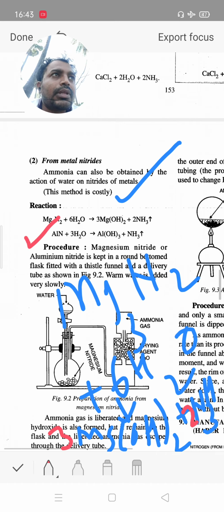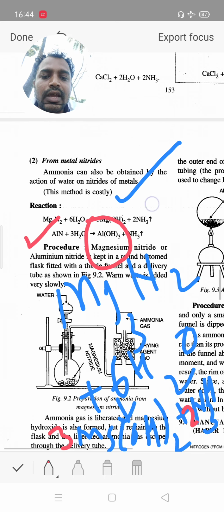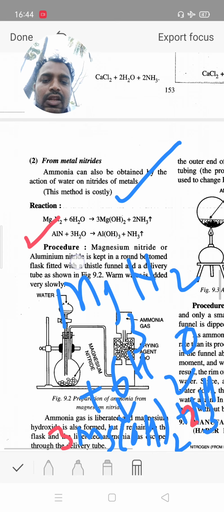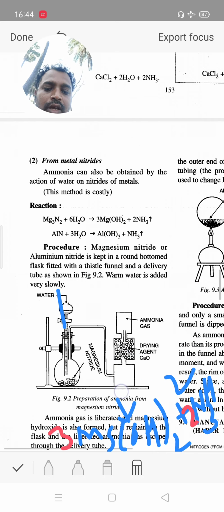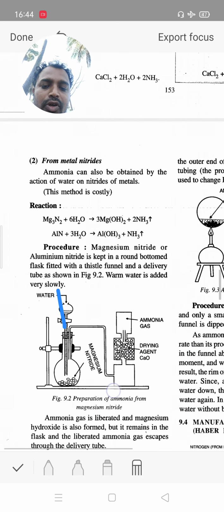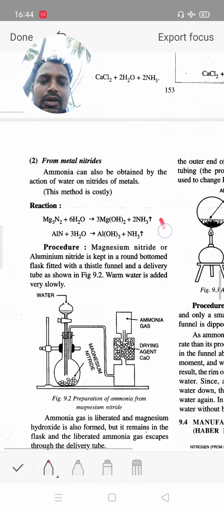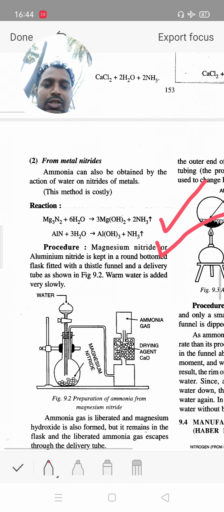Same kind of reaction when we use aluminum nitride: on hydrolysis with 3 times water we get aluminum hydroxide and ammonia. But students, this is an important reaction from the exam point of view, so write down this example, both reactions for preparation of ammonia from magnesium nitride and aluminum nitride.